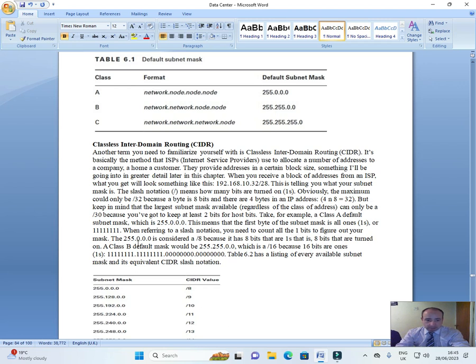The 255.0.0.0 is considered a /8 because it has 8 bits that are ones, and that is 8 bits that are turned on. A class B default mask will be 255.255.0.0, which is a /16 because 16 bits are ones.